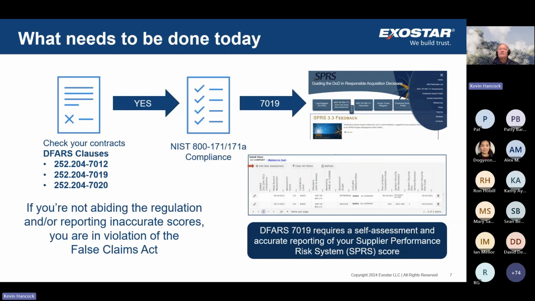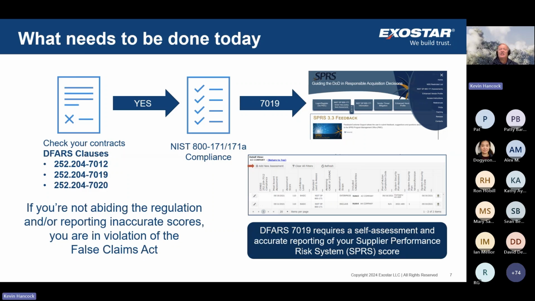Now, regardless of whether or not CMMC is in place, there are contractual requirements you may have today because you have contracts with the Department of Defense or you're a subcontractor to somebody that does. You may already have the DFARS clauses that you see here, the 7012, the 7019. Those have requirements today around controlled unclassified information. Right?